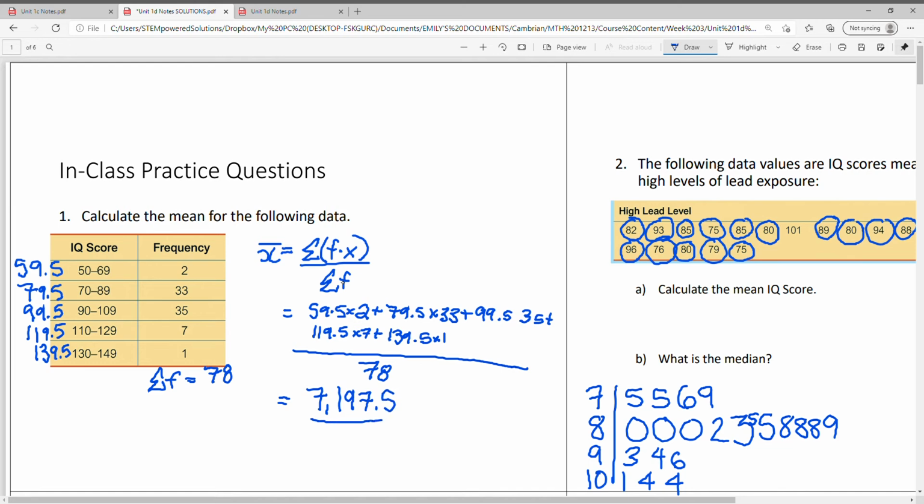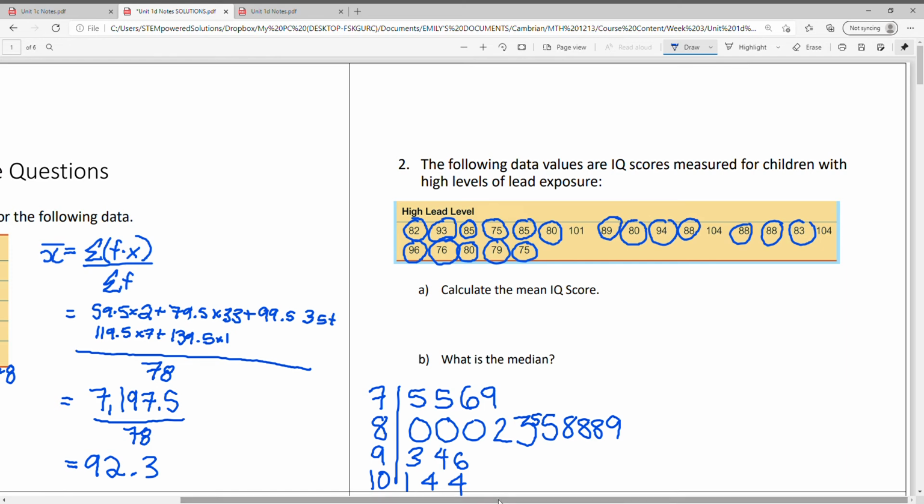And then we'll divide that by the sum of all frequencies, which is 78, to get 92.3 as the mean of this IQ score table. All right, so that's our answer for question number 1.